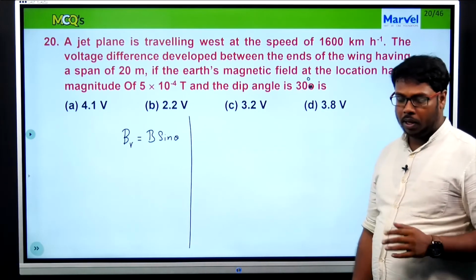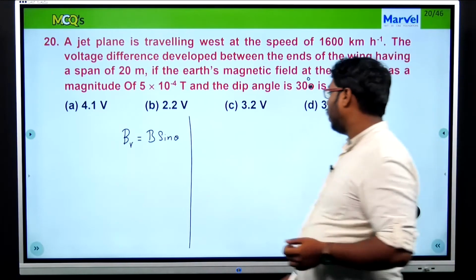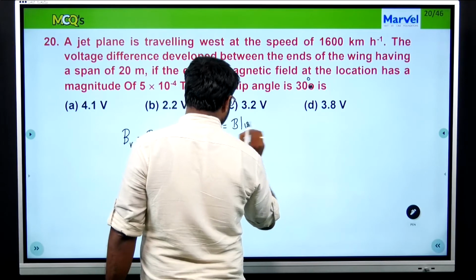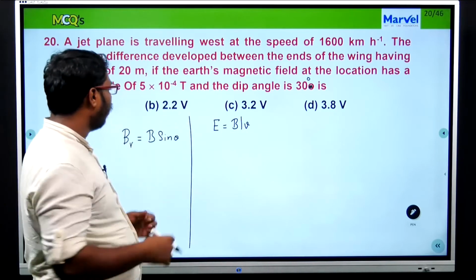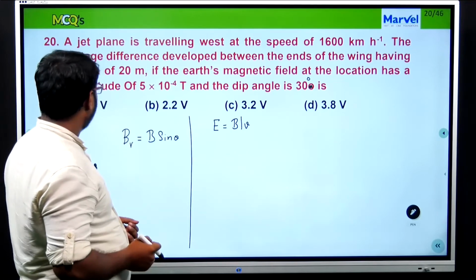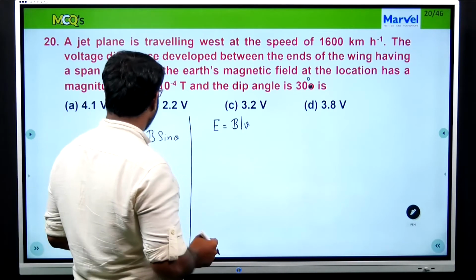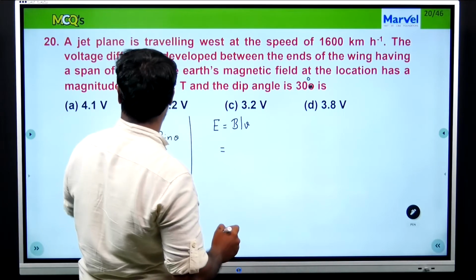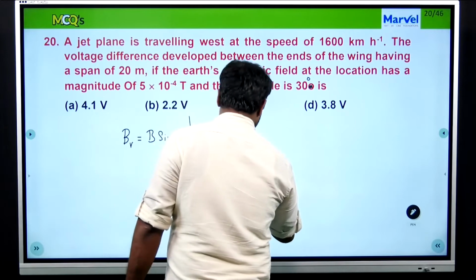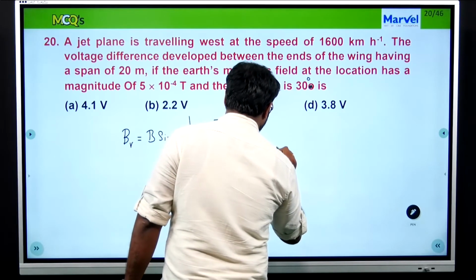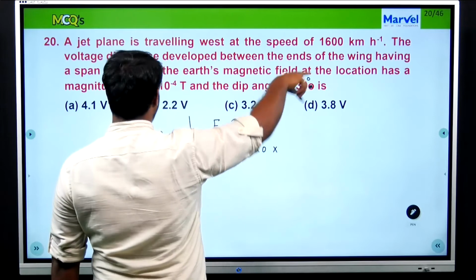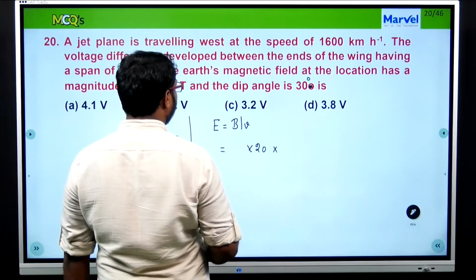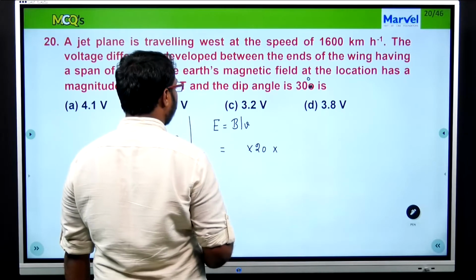How to find B? E is equal to BLV. E is equal to BLV is the formula, since it is moving with some particular velocity. So what is the length? It is 20 meters, and it is going to fly with a speed of 1600 kilometer per hour.